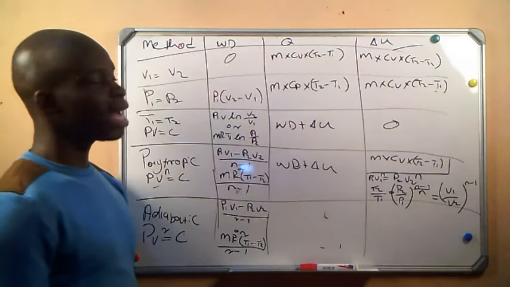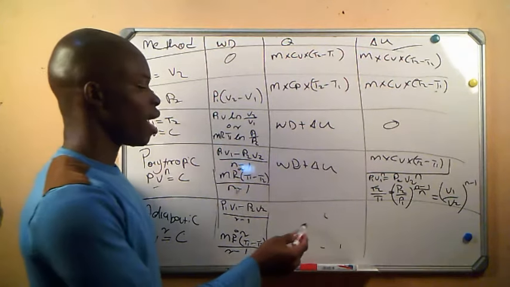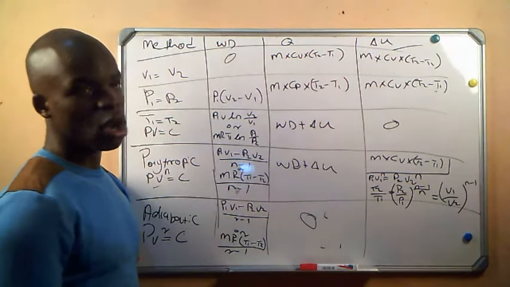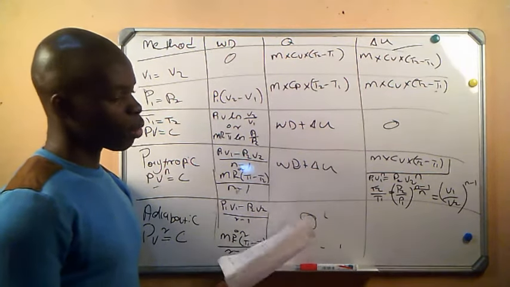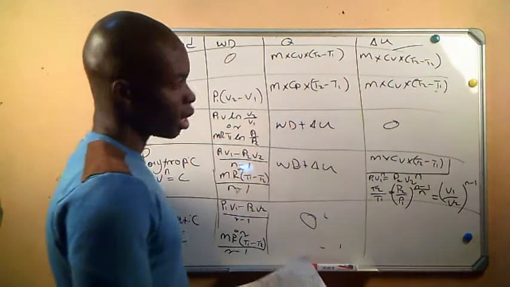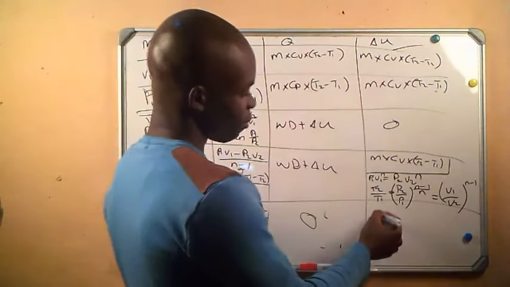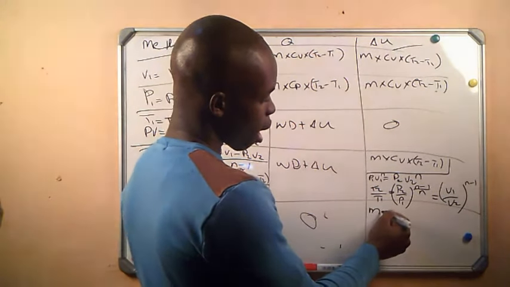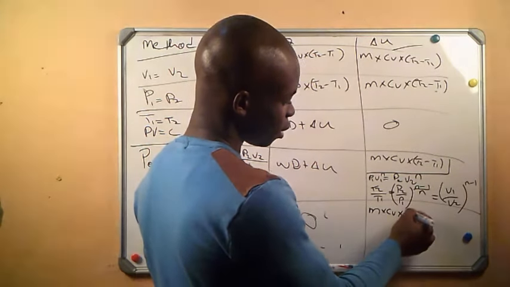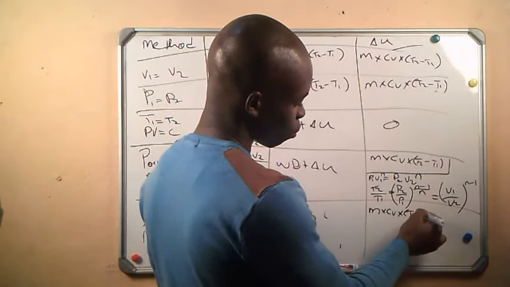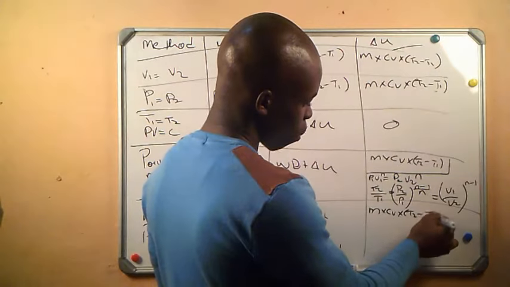So in an adiabatic process there is no heat rejected or heat added, so Q is equal to 0. Then internal energy, same formula again, m times Cv times change in T, T2 minus T1.